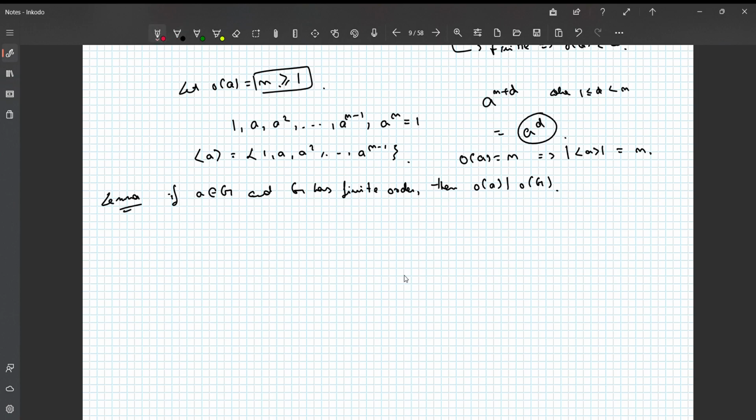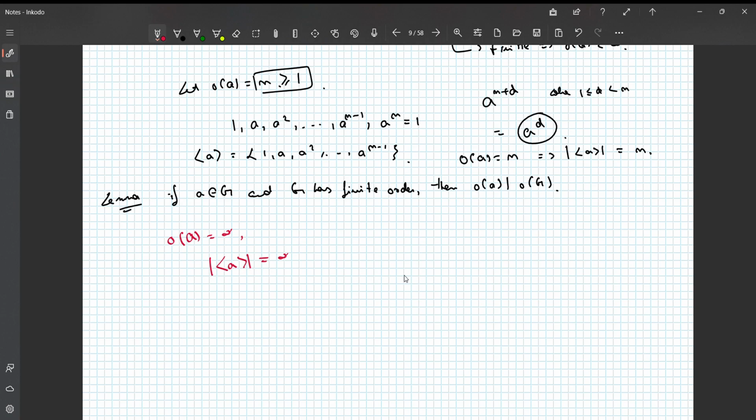The first thing to notice here is that the order of A will always be finite. Now, what is the reason behind that? Because if, say, the order of A is infinite, then the cyclic group generated by A also has infinite order. That's pretty obvious, because you can keep on composing A with itself, unlimited, right?